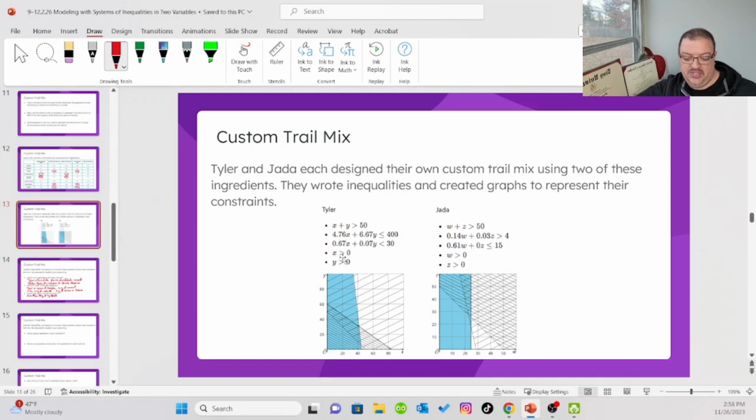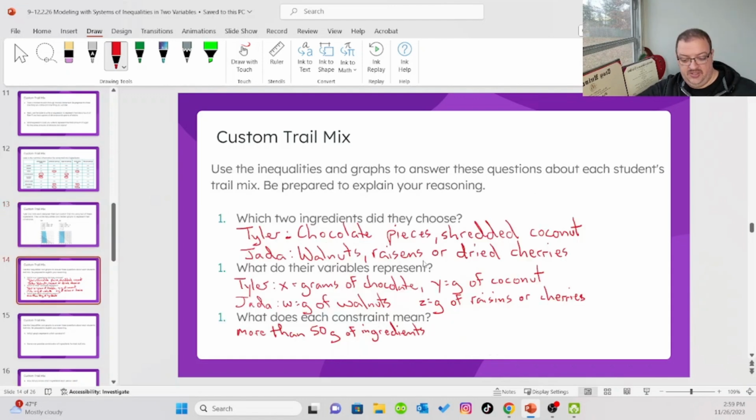They both have ingredients being more than 0, so that means there are at least 2 ingredients, and both ingredients must be included.